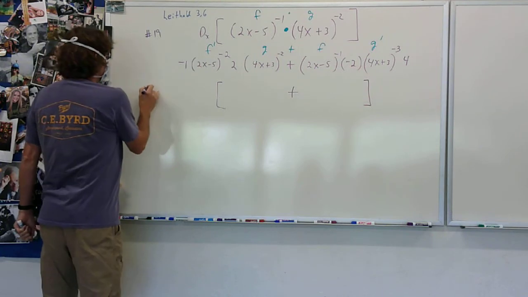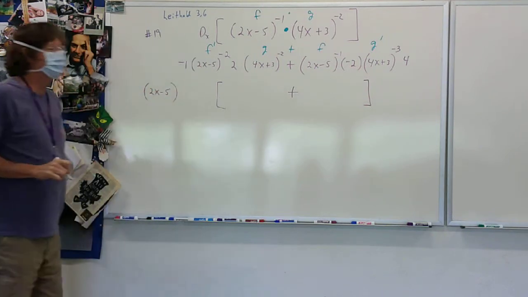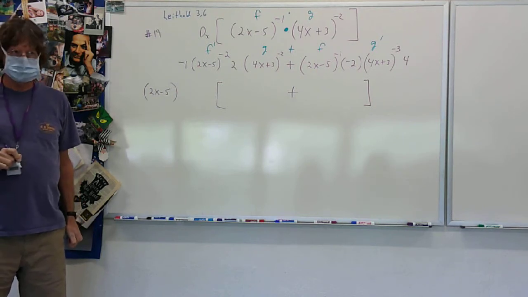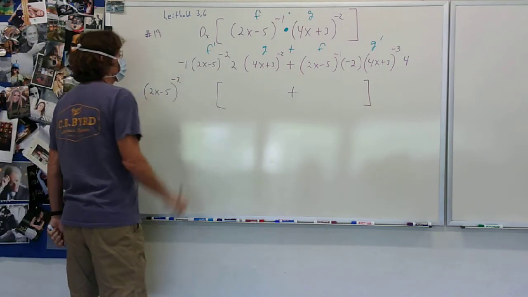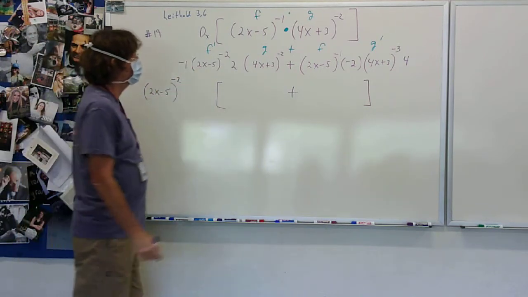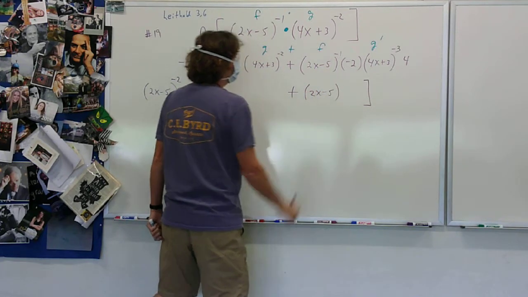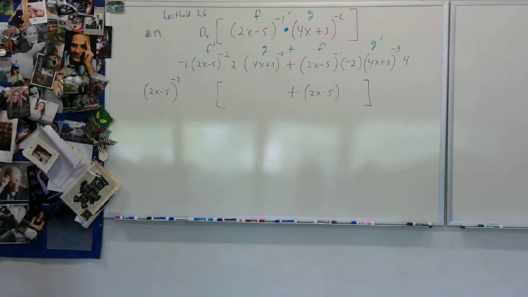And when you factor out that 2x minus 5, you know you're going to factor it out to the lowest exponent. What's lower, negative 1 or negative 2? Negative 2. That's the key right there. So that one divides out, and this one leaves what? 2x minus 5. And negative 1 minus negative 2 gives you that pretty 1 out there, right?